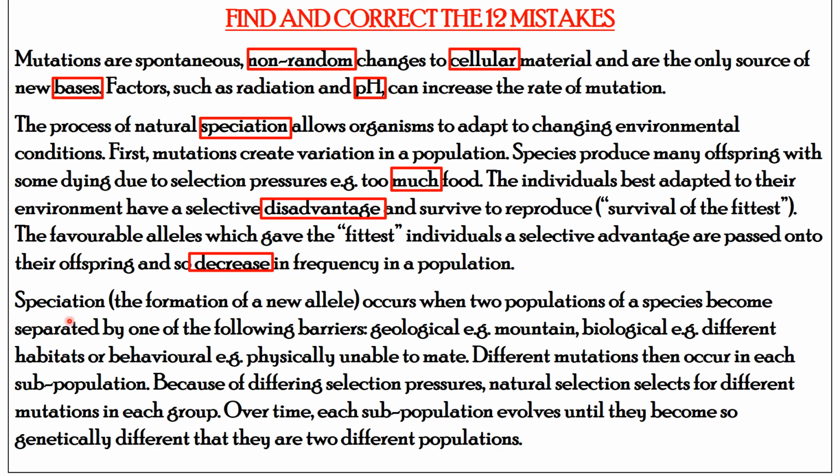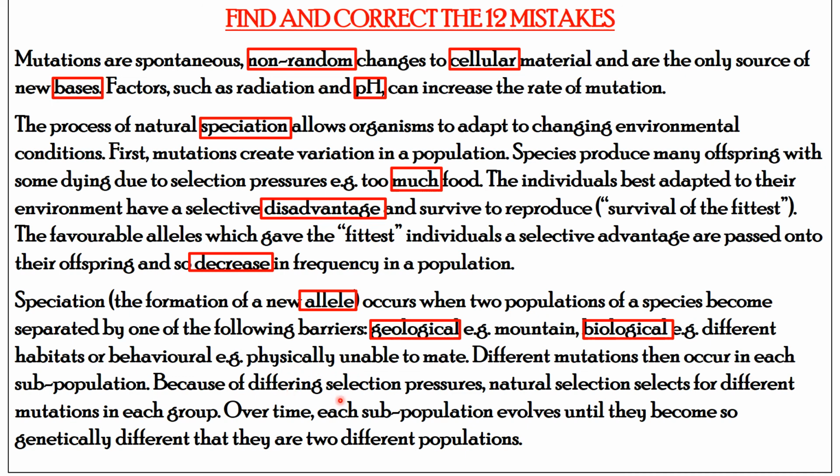So speciation, the formation of a new allele, well, that should be species, occurs when two populations of a species become separated by one of the following barriers: geological, careful, that should be geographical, e.g. mountain; biological, that's not right, that should be ecological, e.g. different habitats; or behavioural, e.g. physically unable to mate. Different mutations then occur in each subpopulation.